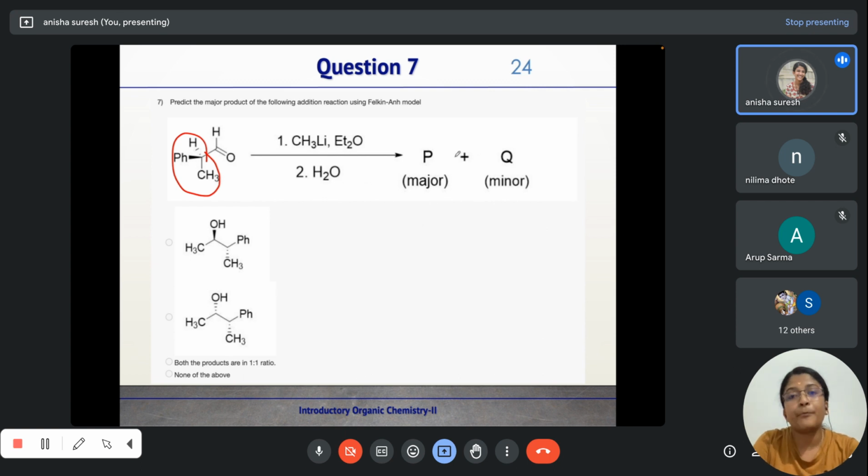So it will result in P and Q, which is major and minor, in the ratio 3 to 1. So they are asking us to find out what will be the major product. You can try working out the Felkin-Anh model and see the answer.